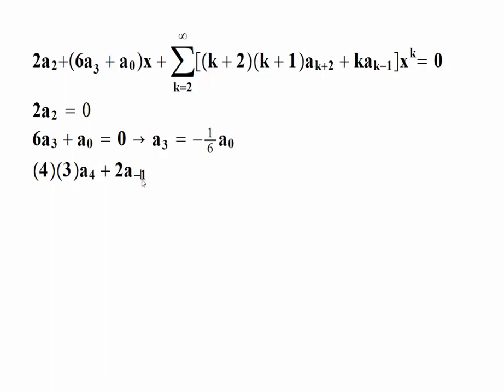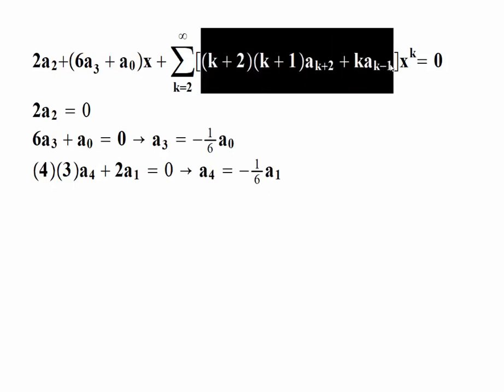So we will have this quantity equals 0, which will give us that a4 equals, again, negative sign, okay, because when we transfer it to the other side, that will be a negative, right? And then that will be 2 over 12. So again, that will be 1 over 6, and now this will be negative 1 over 6 times a1, right?